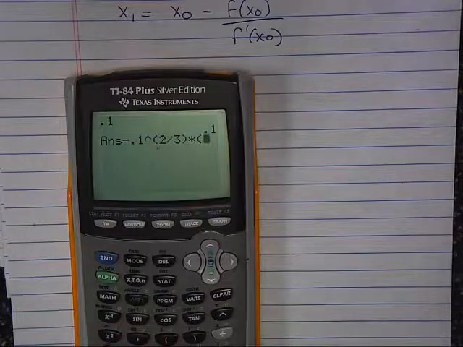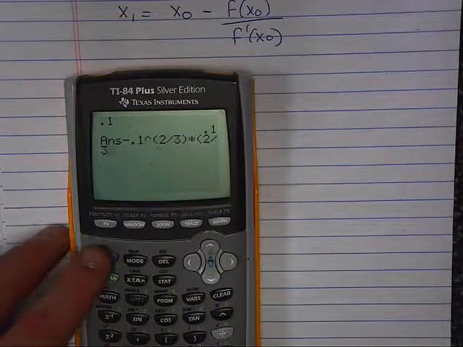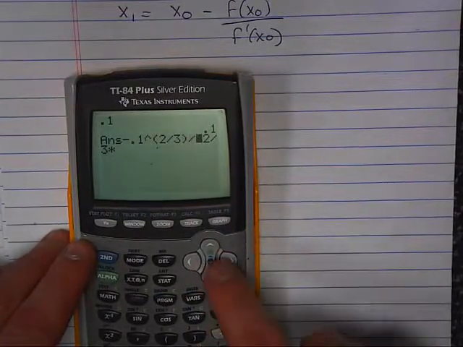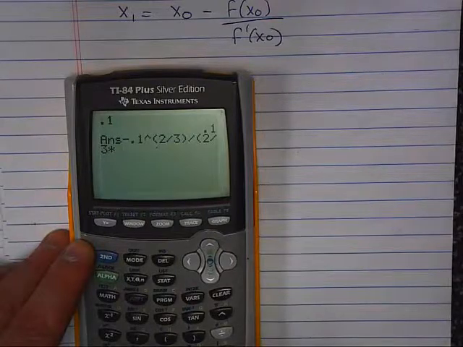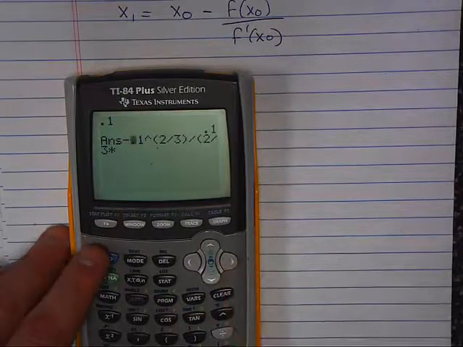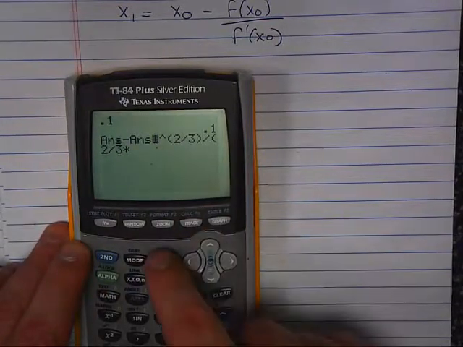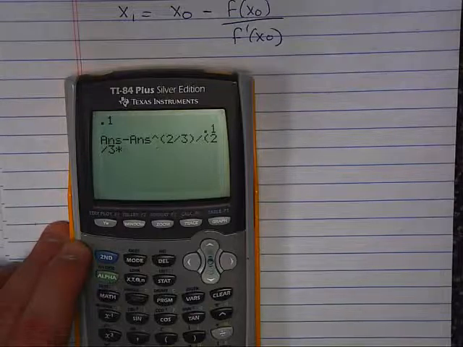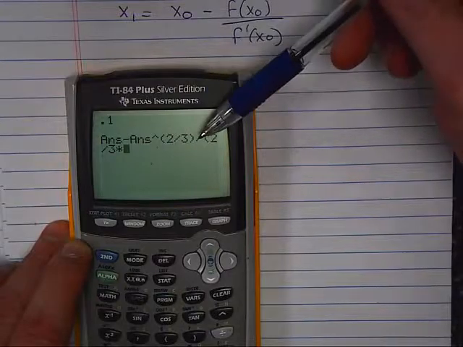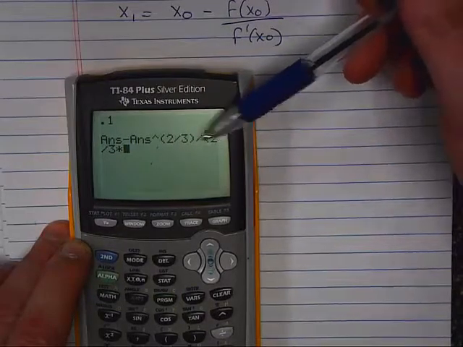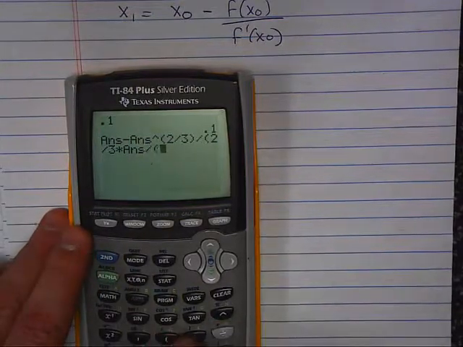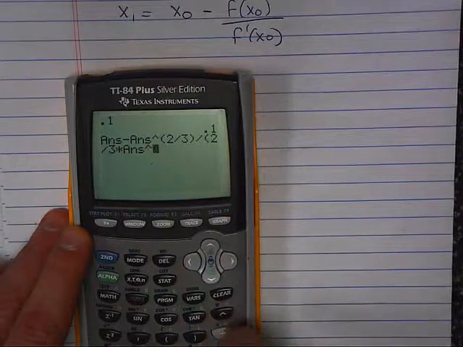My derivative is going to be 2/3 times, I take my answer. Why do I keep actually typing in 0.1 when I say answer? Because it's a simple decimal. Yeah, it's easy to type in. So I want my answer minus, plug my answer into my original function, divided by, plug my answer into my derivative. My derivative is going to be 2/3, and then I'm going to need answer to the what power? -1/3.